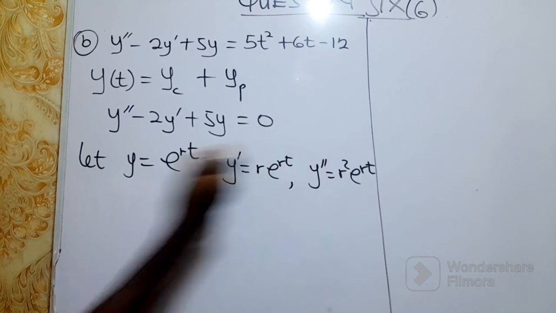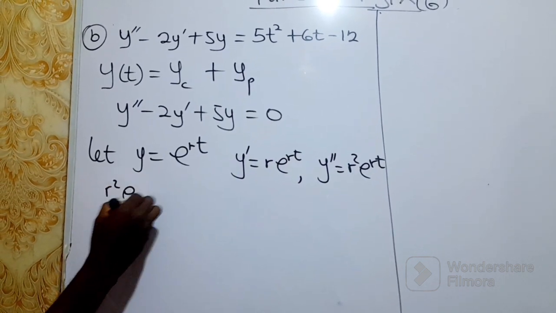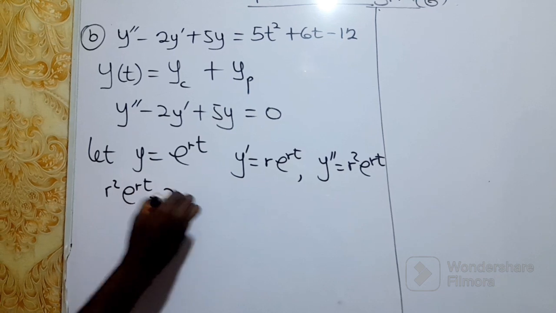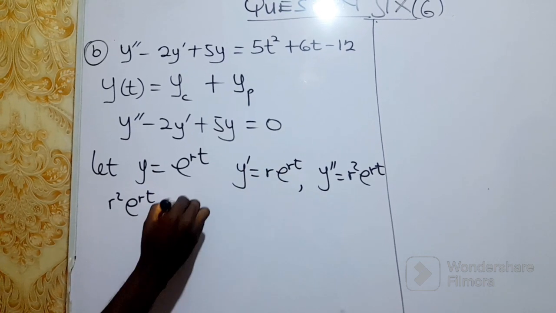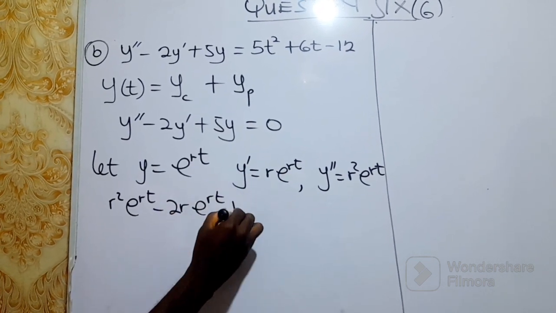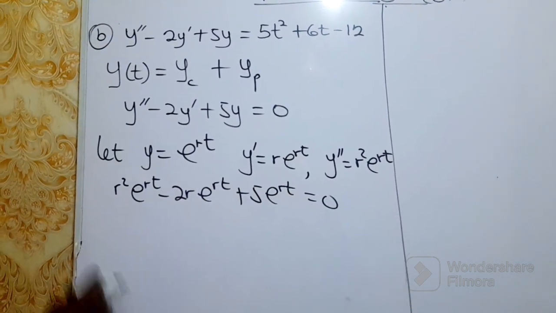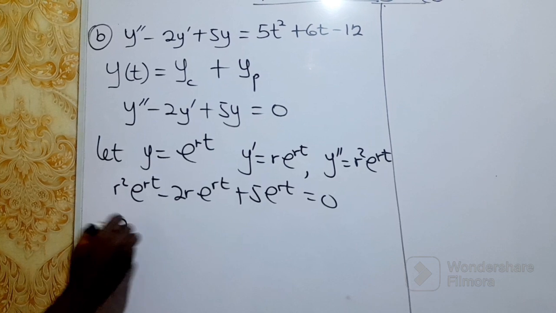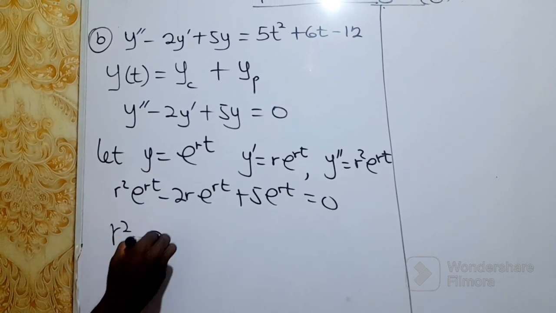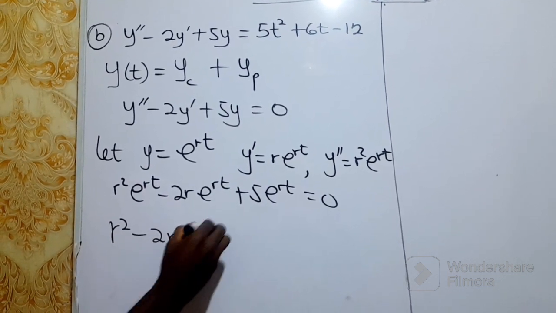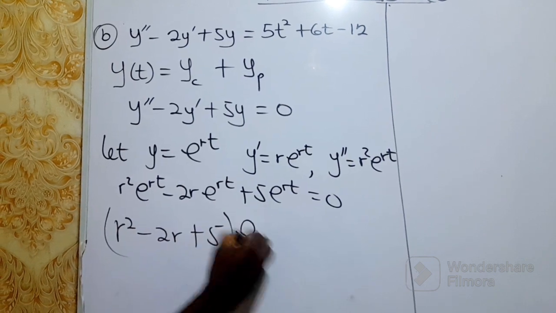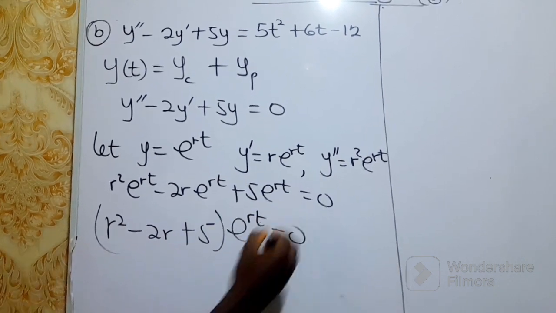So y prime prime is r squared e exponent r t minus 2r e exponent r t plus 5 e exponent r t equal to 0. So e exponent r t is common to them, we factor it out. So r squared minus 2r plus 5, times e exponent r t, equal to 0.